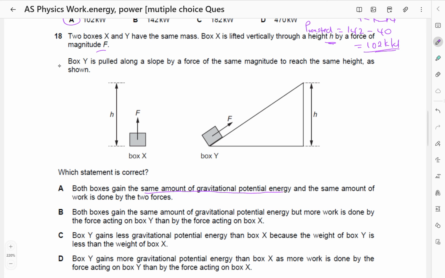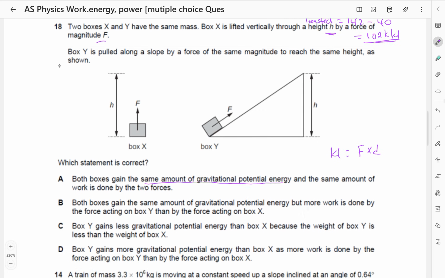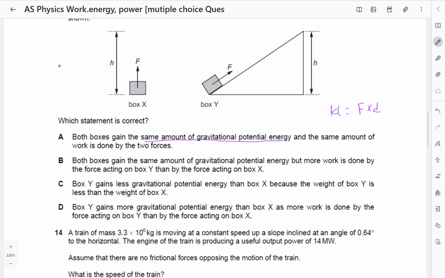So work done is going to be F times distance. If we assume that there is no friction here, work done is force times distance in the direction of the force. Let's check the second one.